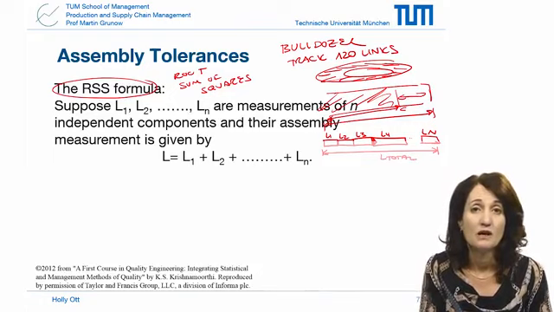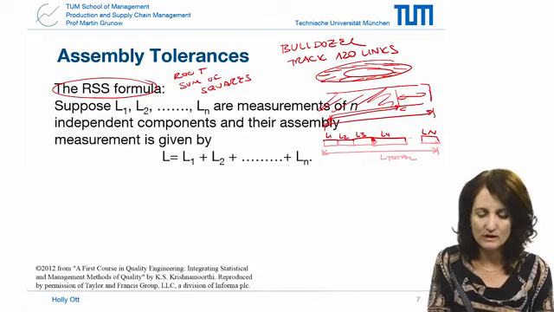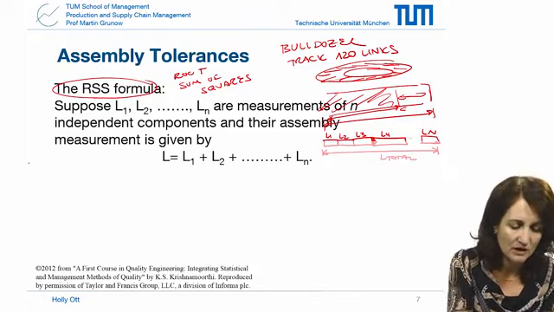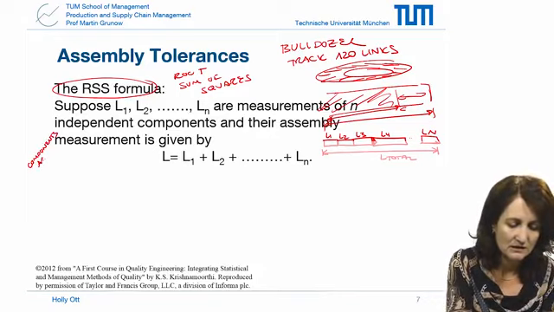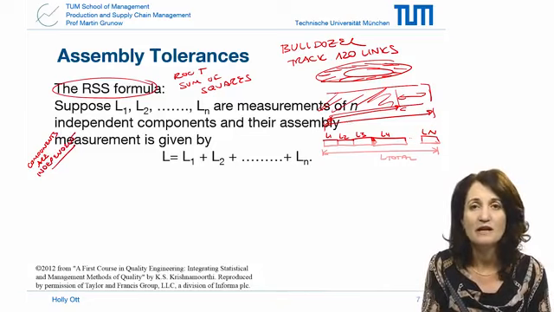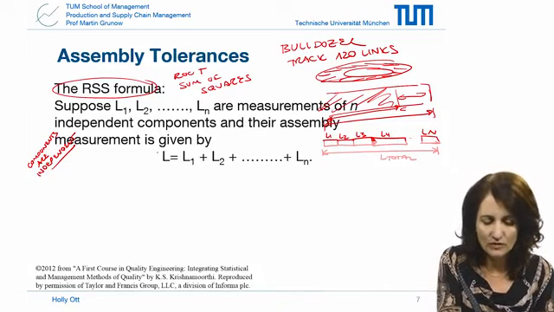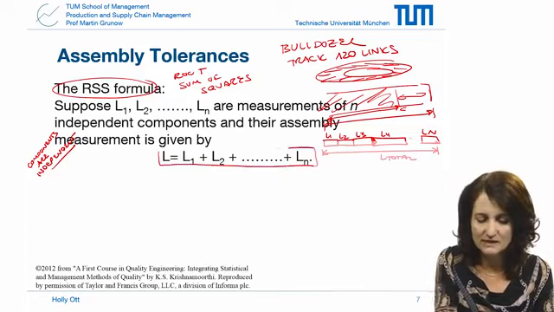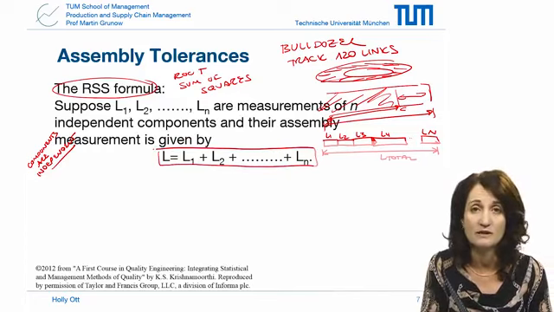One thing that's important is that all the components are independent, meaning that the length of one doesn't affect the length of the other in this example. And the overall assembly measurement is going to be simply the sum of all the different components.